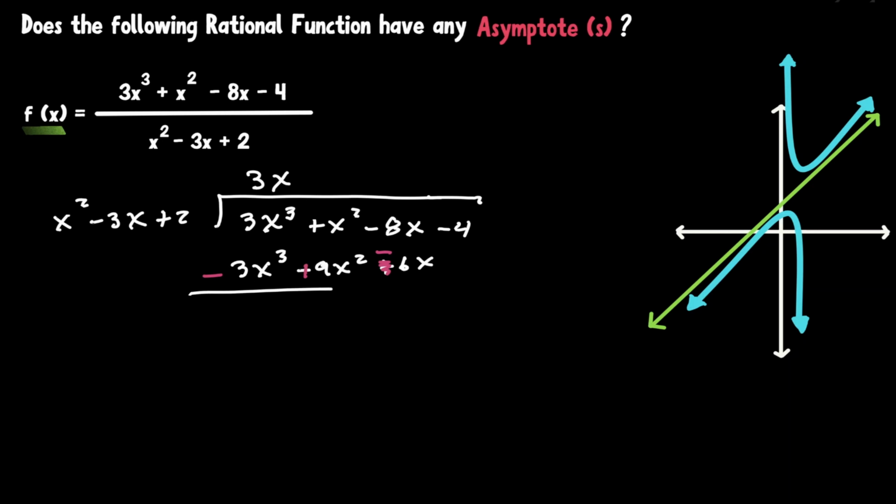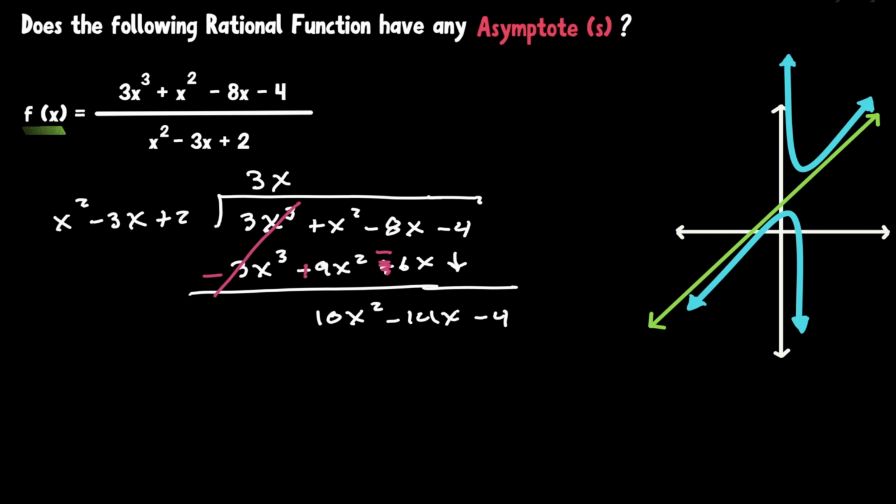Now let's combine. 3x to the third is going to cancel out. And now let's combine the terms with the x squared. X squared plus 9x squared, so that's going to give me 10x to the second. Now let's combine those with the variable of x. That's going to give me negative 14x. And this value of negative 4, let's just bring that down.